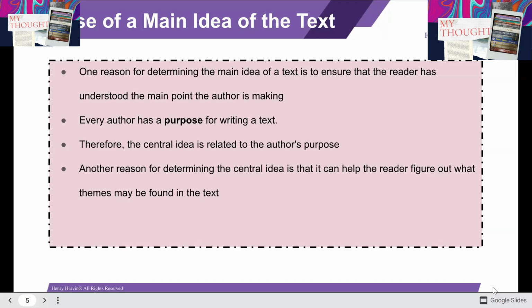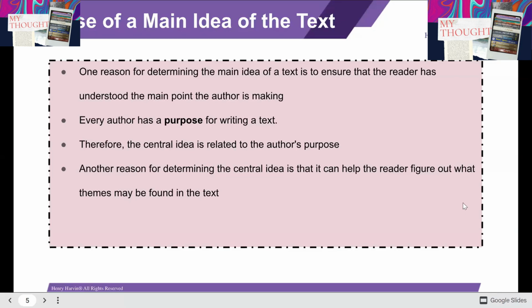So every author has a purpose for writing a text. Why are texts written? Because there is some purpose behind writing the text. The purpose is to enable the reader to get a view of whatever is written.